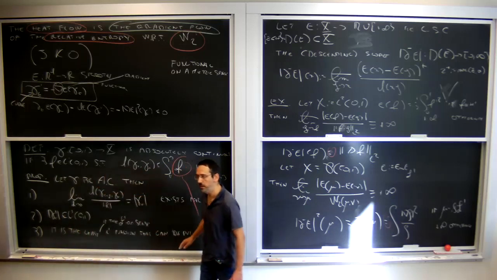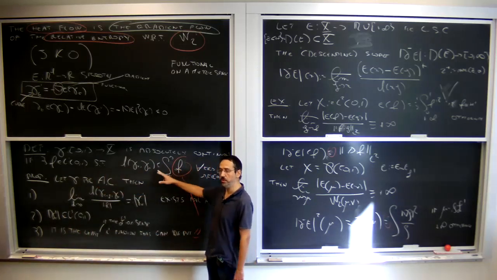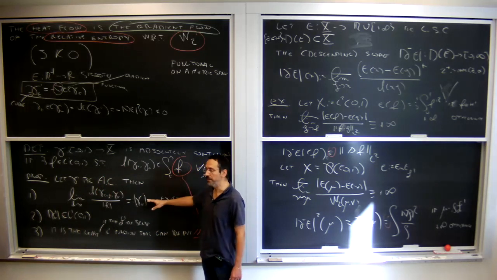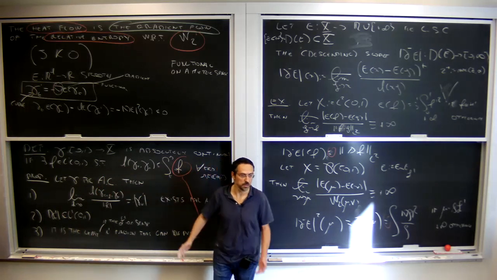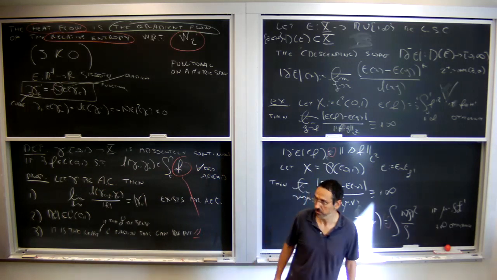That is to say, for any function f that you can put in here, this metric speed is less or equal than f almost everywhere. I mean, that's the best you can hope for with L1 functions. Okay.